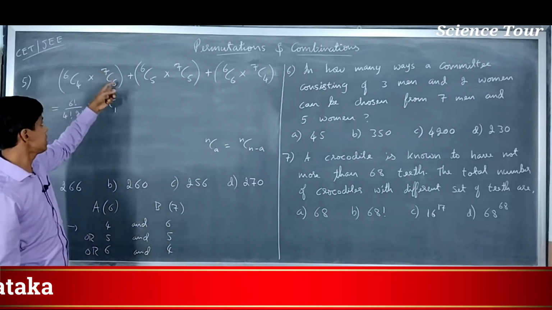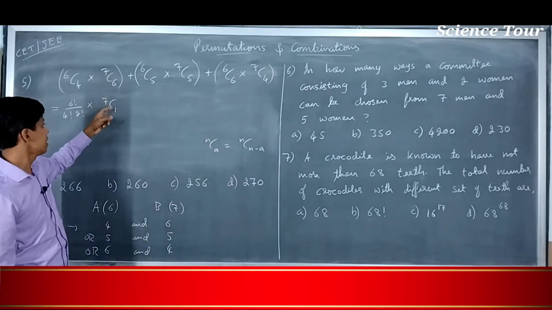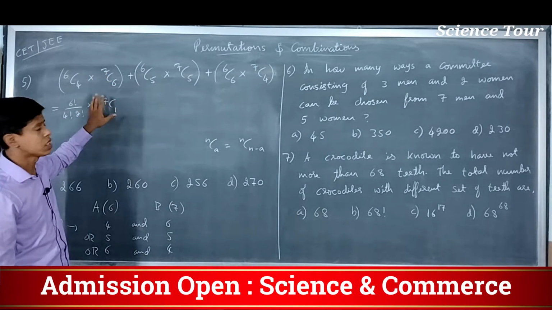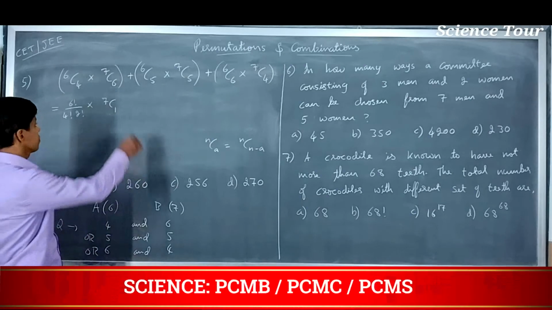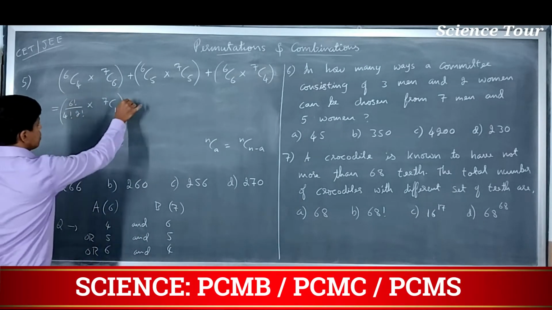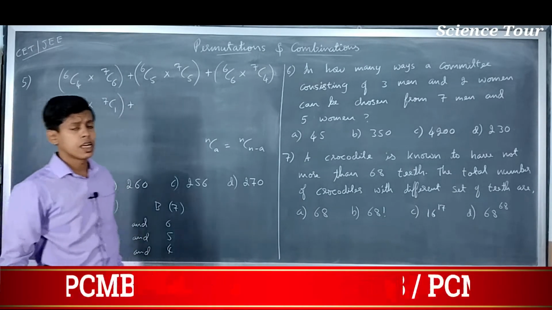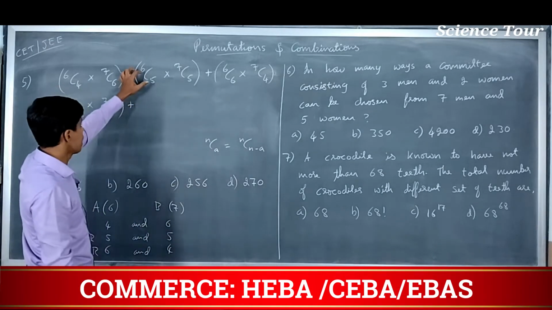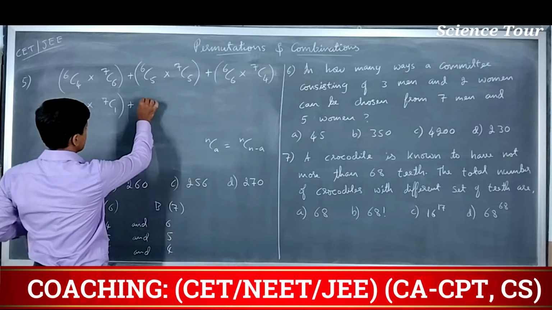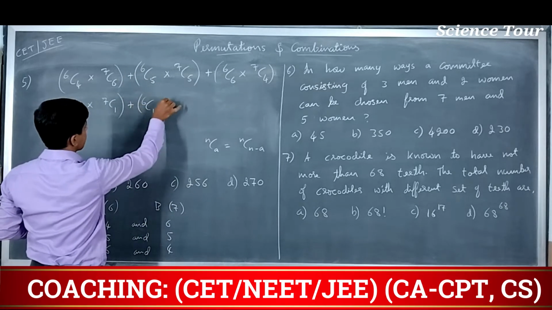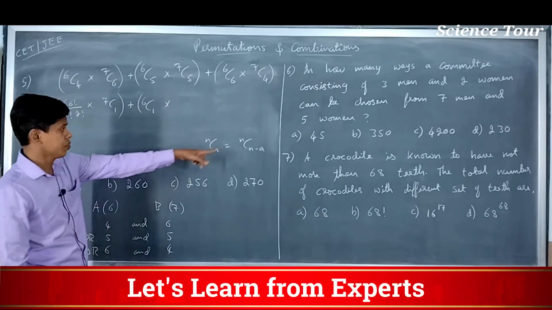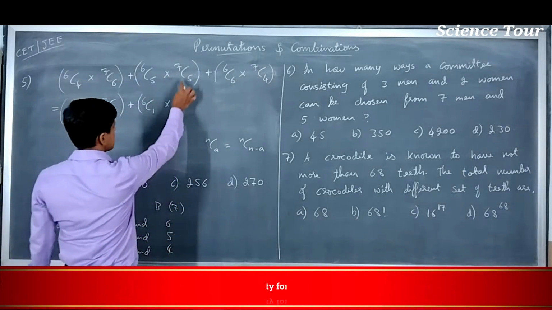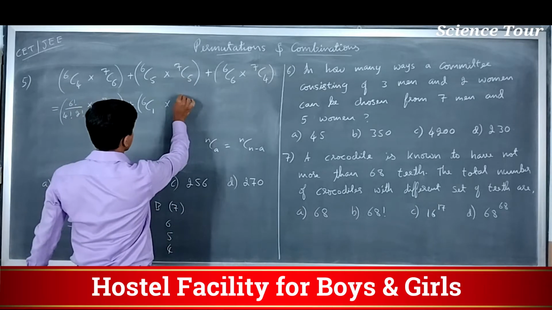So 7C6 is 7C(7 minus 6), 7 minus 6 is 1. So 7C1 and 7C6 are the same. If you know these shortcut methods, you can calculate these answers quickly. Now 6C5 is nothing but 6C1, because of that formula again, and 7C5 is 7C2, but both will give the same answer.